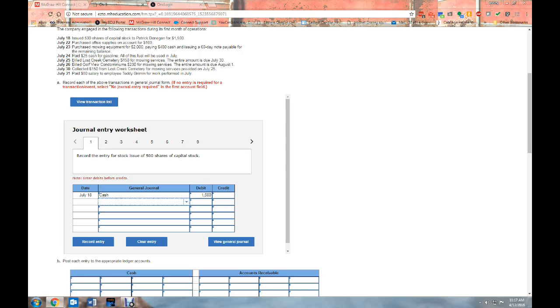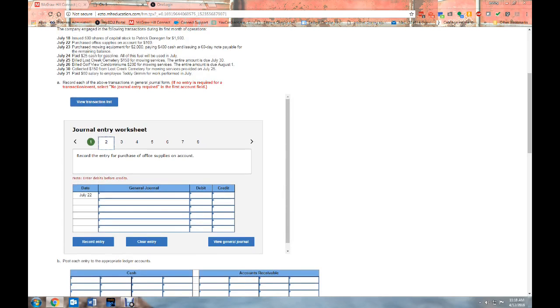What did Patrick get in return for his $1,500 in cash? He got 500 shares of capital stock. So capital stock has to be our second account. If we look at ALICE, capital stock is the C in ALICE, capital or owner's equity. Capital stock is increasing, therefore we need a credit entry. Now we're going to record that entry. So now that one's done.